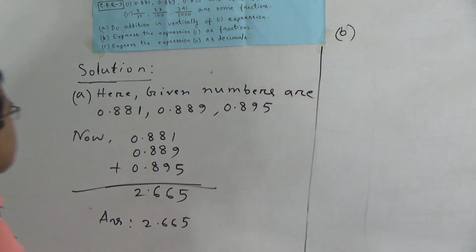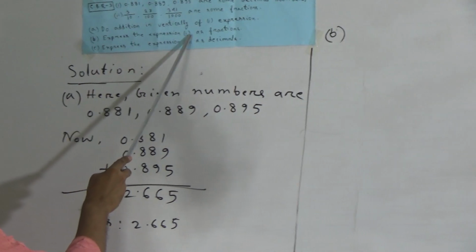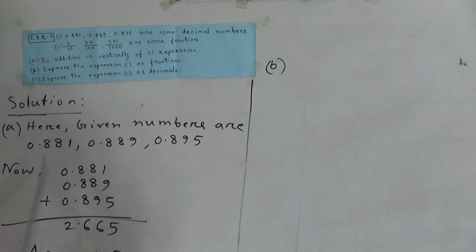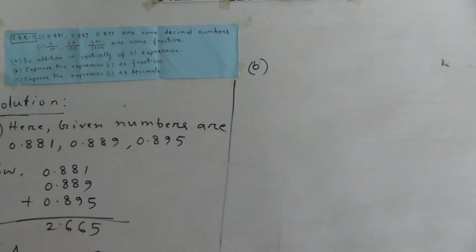In B number question, we have to express the expression 1 as fraction. In expression 1, some decimal numbers are given and we have to convert the numbers into fractions.